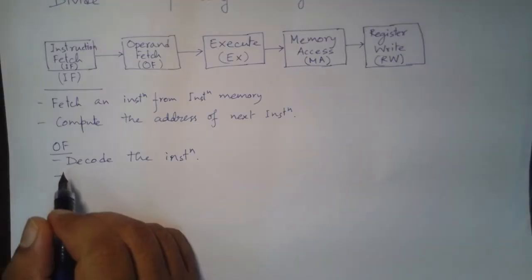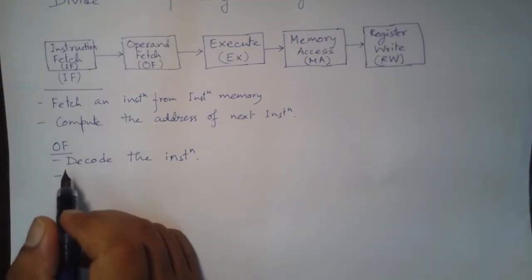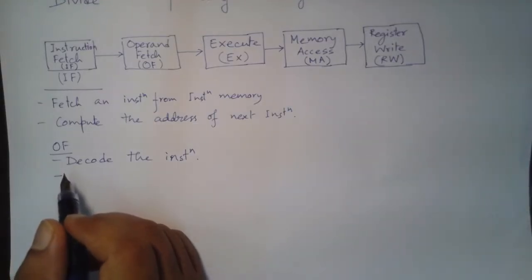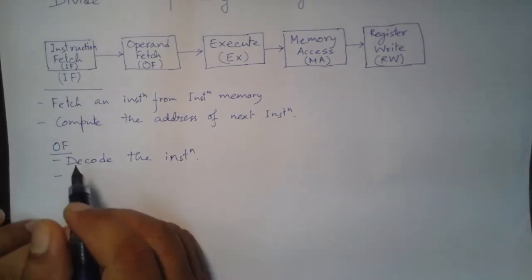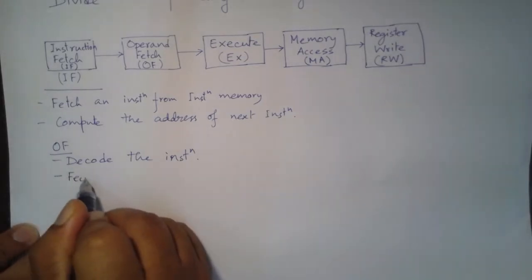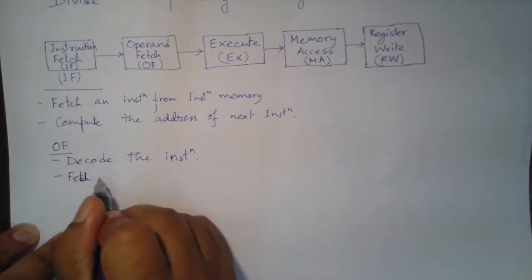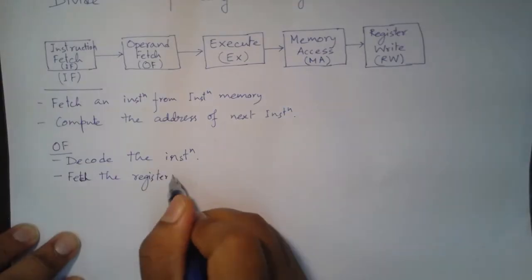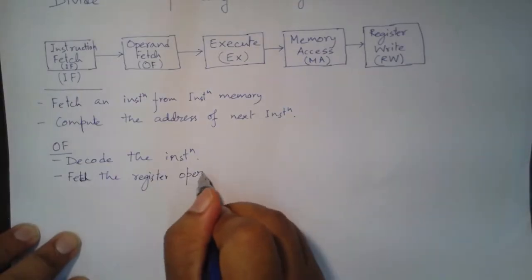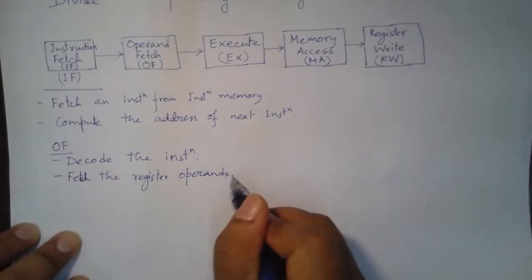You will know that, okay, in the instruction maybe you are trying to add two registers R1 and R2. So you have to fetch those source registers from your register file. That is the next thing you will be doing. So, you fetch the register operands from the register file.